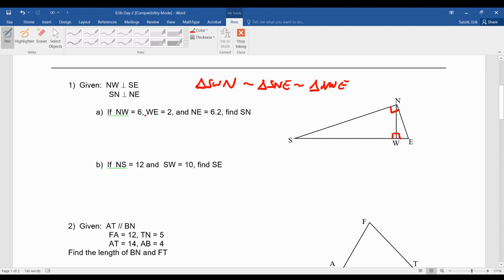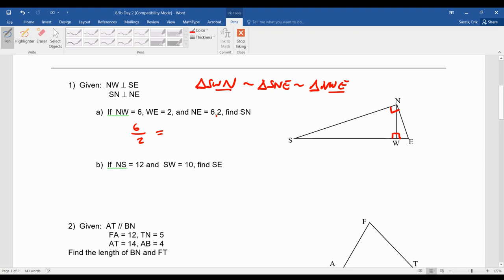So when you're doing something like this, you have to pay attention to the letter pattern. NW, we're doing NW, we're doing WE. So it looks like we're dealing with these outer two triangles. So NW, 6, has to match up to WE, 2.